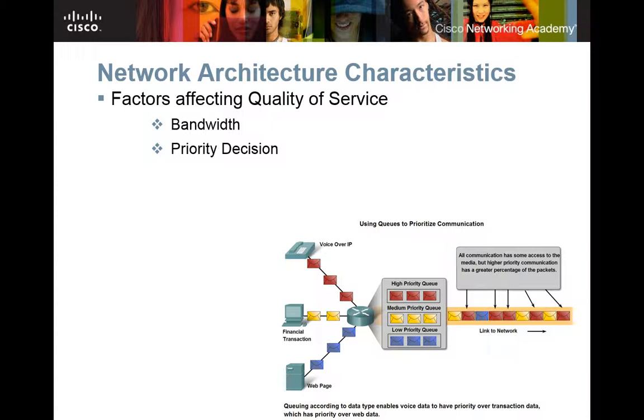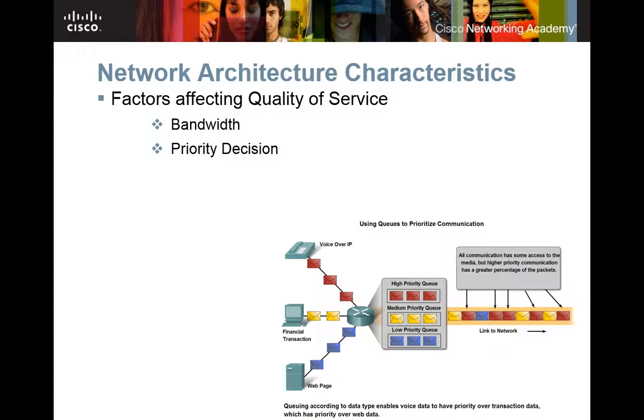Factors that affect the quality of service: your bandwidth, how much can you actually put down there, and the priority of the traffic. If I give everything high priority, what's going to happen? You're going to get choked up. So you keep everything with a small amount. Your VoIP line would always have priority over data. Why? Because you need to keep that quality of service for phone.